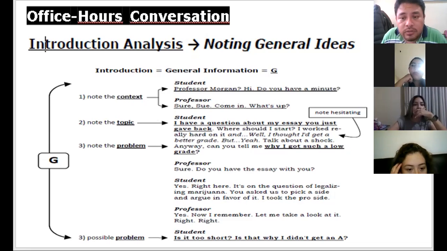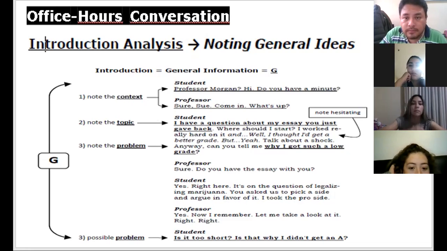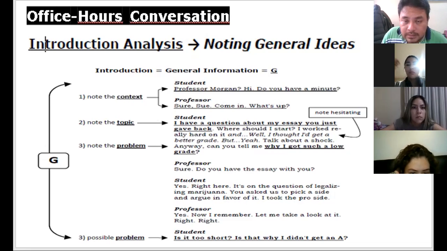The easiest thing to understand is, for example, here, the context: the situation is that a student is asking a professor something. Okay, that is the context. The context is at a school, they have a problem with an essay, and that is the general situation.